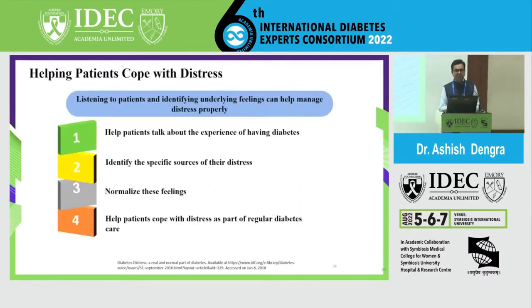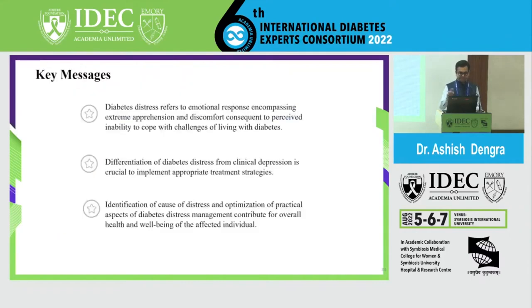So to teach them how to cope with the distress, listen to the patient properly, identify the underlying feelings, help the patient talk about the experience of having diabetes, identify the specific source of their distress, normalize these feelings, and help the patient cope with distress as a part of regular diabetes care.